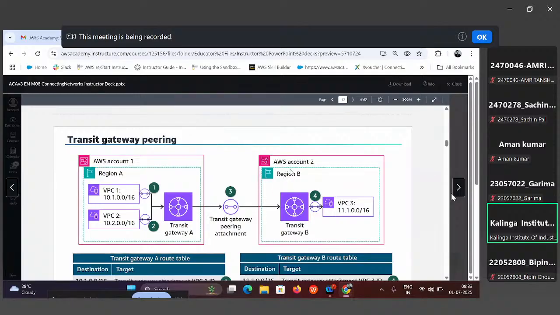So you are from Asia, they are from the US. If you are connecting both accounts, in the sense of both regions, there will be a VPC allocated on that.